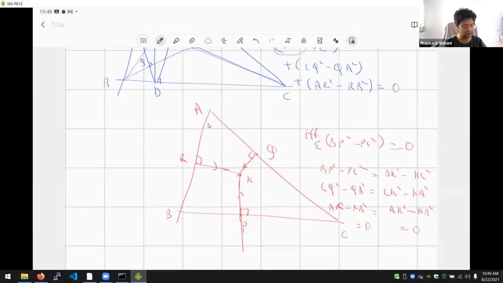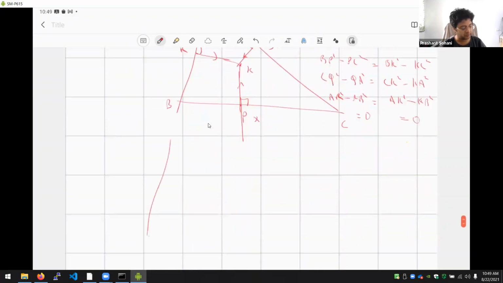Now the leap that you can take is, there was no reason to take points PQR on the sides of the triangle. They could be any points in the whole plane. So the exact same statement is true even if I have point P somewhere here, and I drop this altitude. Point Q somewhere here, I drop this altitude, and point R somewhere here and drop this altitude.